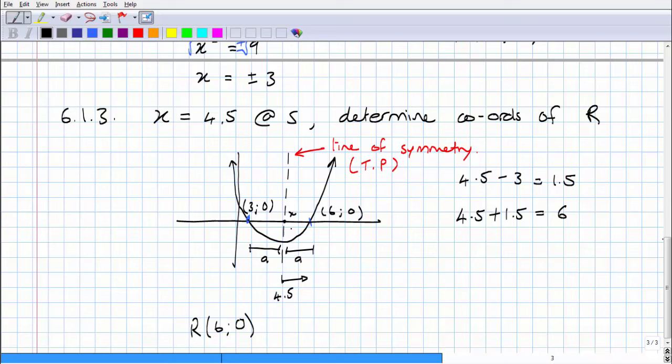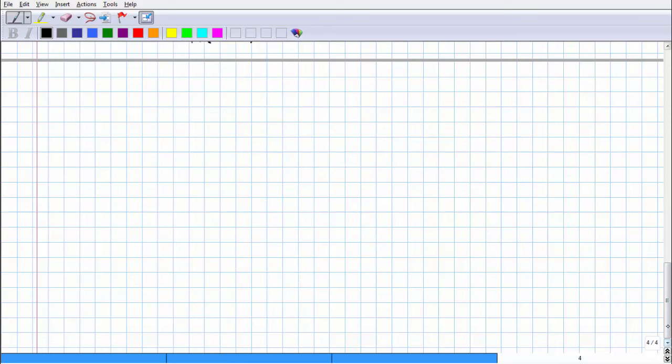The next thing says determine the values. 6.1.4. It says determine the values of x for which g double dash of x is greater than 0. Now that means the second derivative. Okay, so if we look at the second derivative, how do we look at the second derivative?